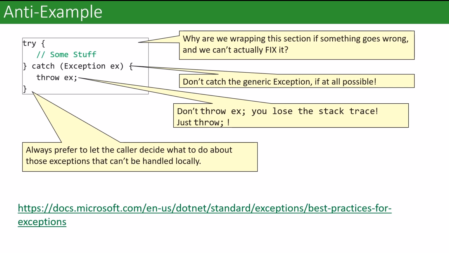The third thing is I'm throwing ex, which means I'm effectively throwing a new exception, which means that the old exception that I had on the catch line, and its stack trace and all of its plenary history, is gone. So if I just want to pass the exception up the stack, I should just throw semicolon, not throw ex. And we'll talk about enriching exceptions in a little bit.